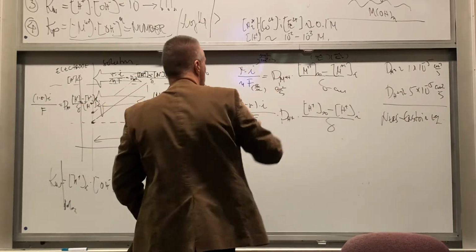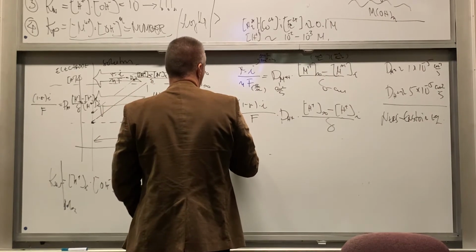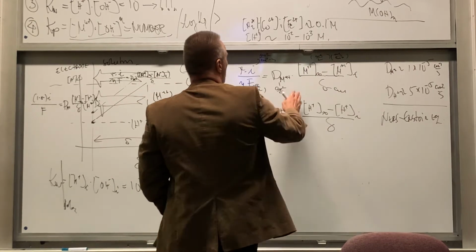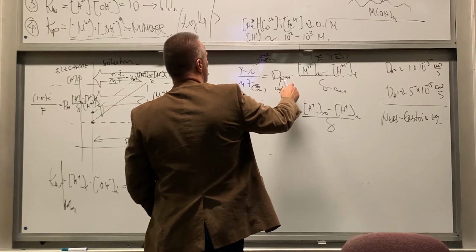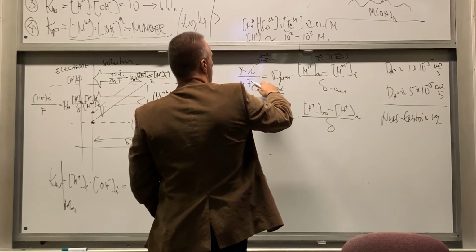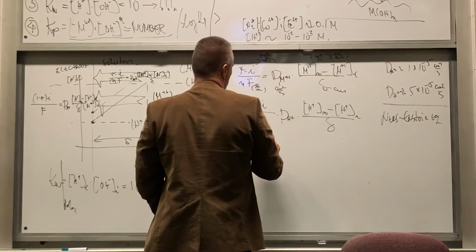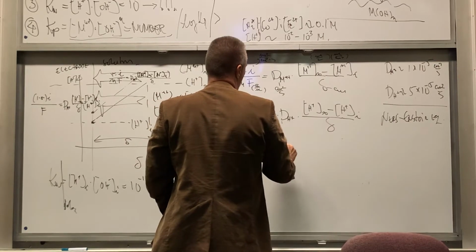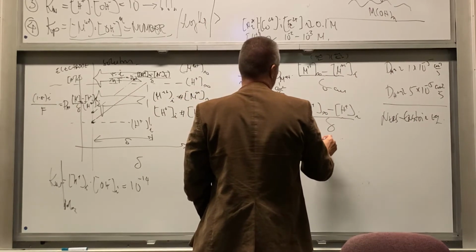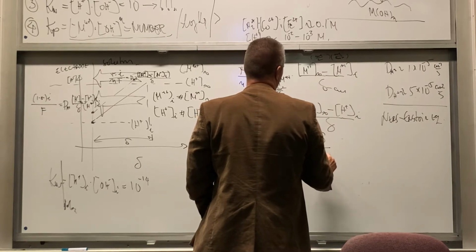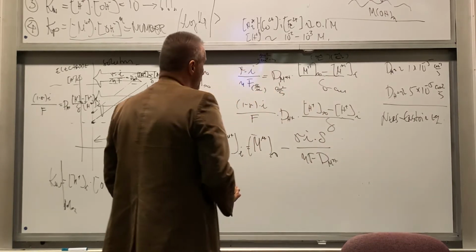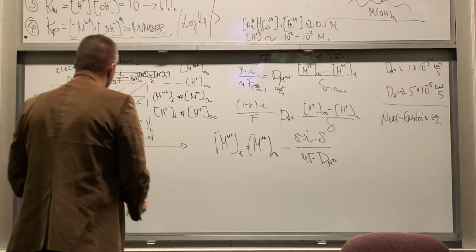So from this one, M plus at the interface is equal to, now, what you can do is put this under this, and then multiply this over this, and then you're going to have that this is equal to Mn plus at bulk minus gamma I times delta over NF times D Mn plus. That's for the metal ions. This is the concentration at the interface, this thing here.